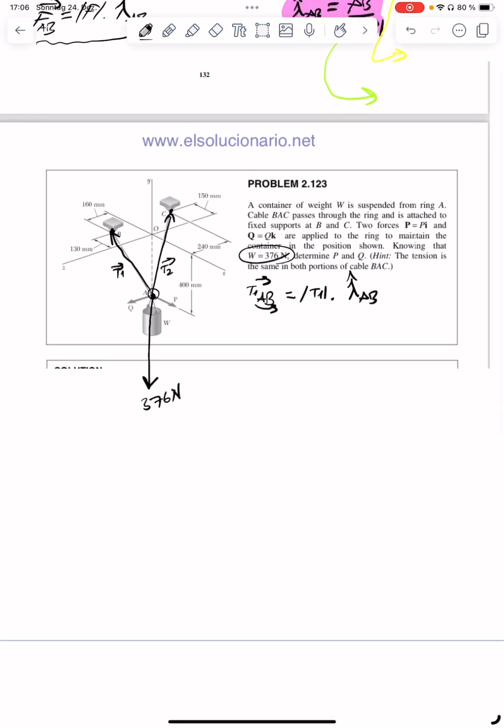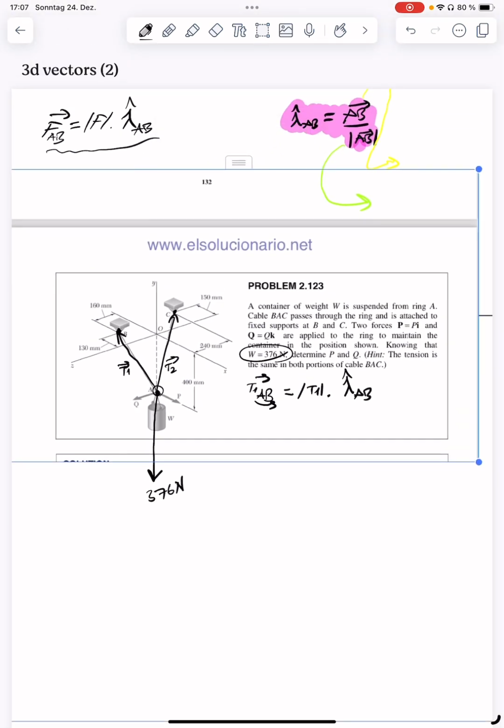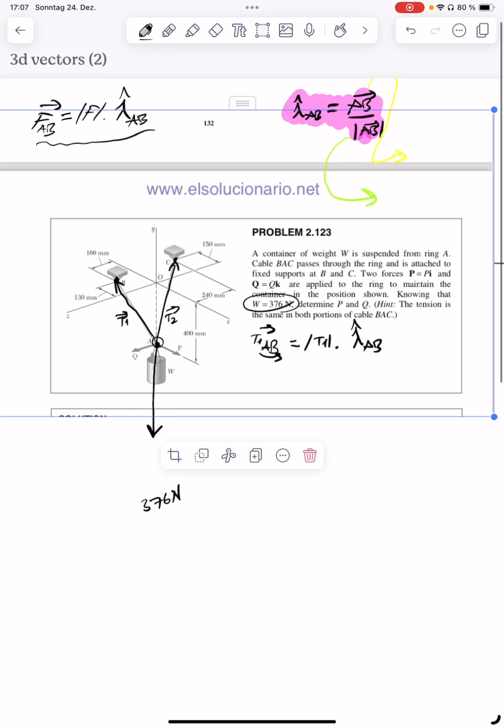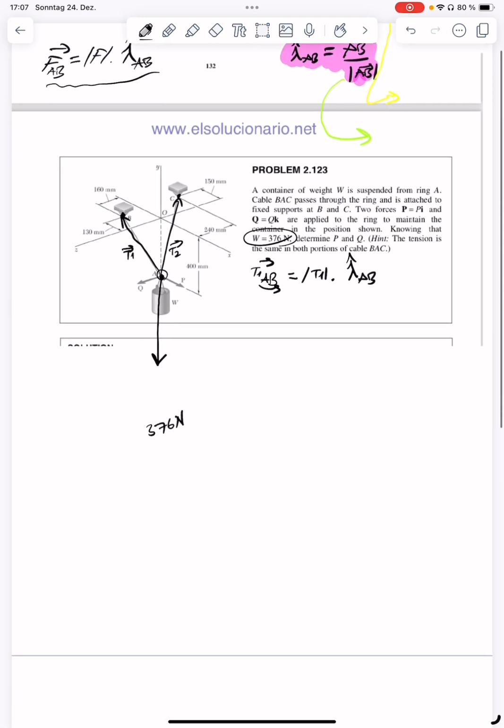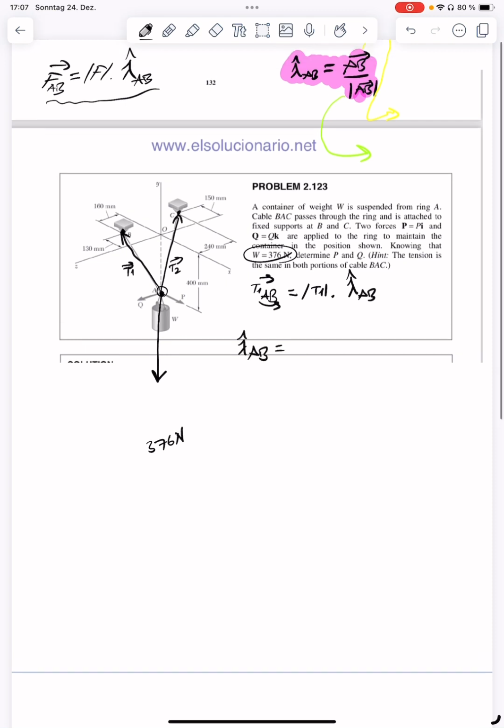If we find T1's x component, it is possible to say the magnitude of P. Okay, I can continue. T1 lambda hat AB. How can we find that?